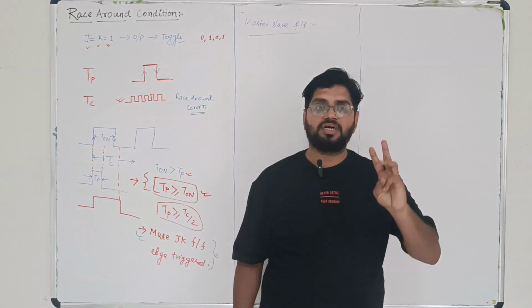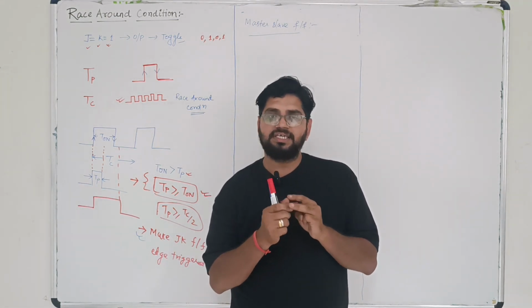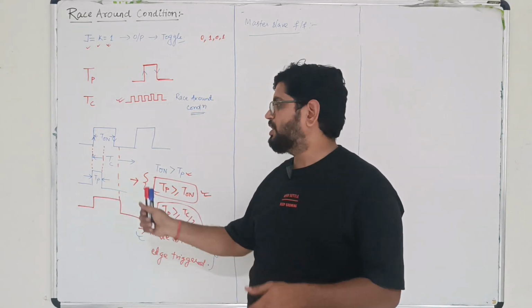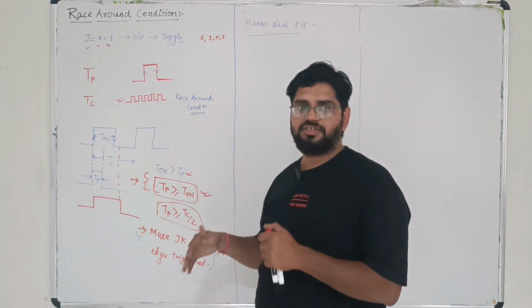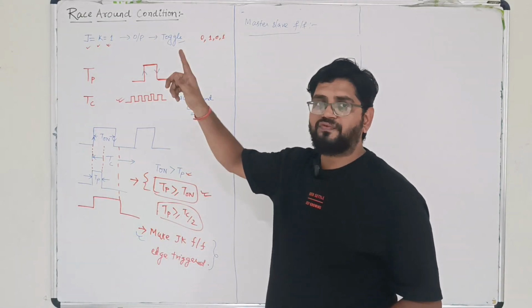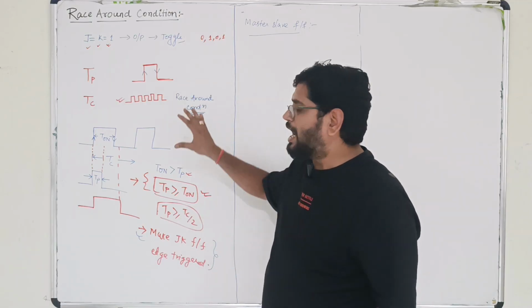Race around condition occurs due to 3 conditions. First one is a level triggered flip flop, second is J equals K equals 1, and third thing is that TP must be very much smaller than T on, that is TC by 2, or half of the clock period. If such is the case, the output fluctuates between 0 and 1. That is known as race around condition. How will it be resolved?